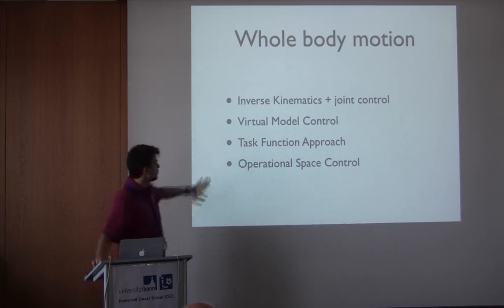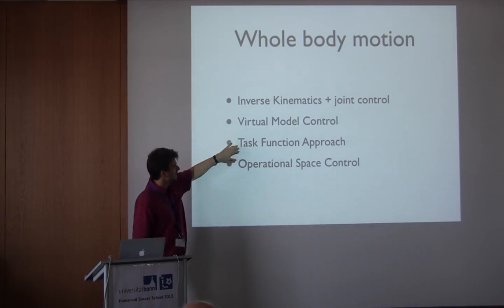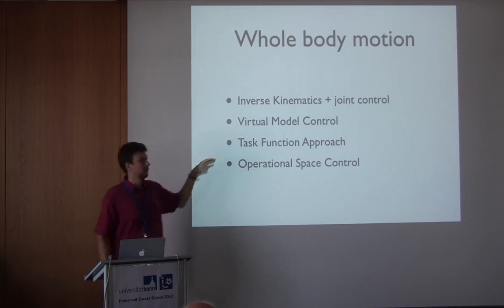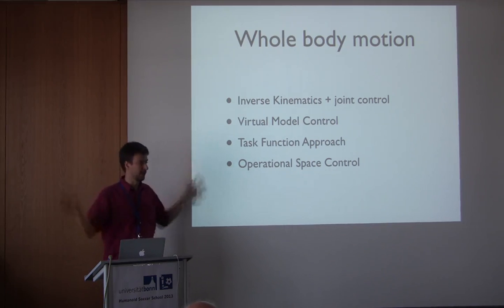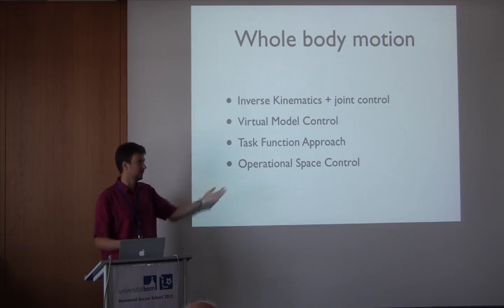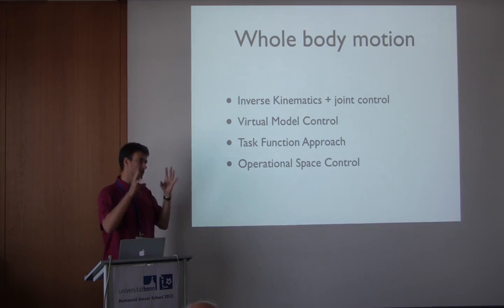The good thing about those two approaches, with respect to the others, is that you can set up a hierarchy between your different tasks. You can say, I want to do those many things, I want to control the hands, the head, the body, the legs, the feet, and the center of mass, and say that some things are more important than others. If you cannot do all those things, then focus first on those things.